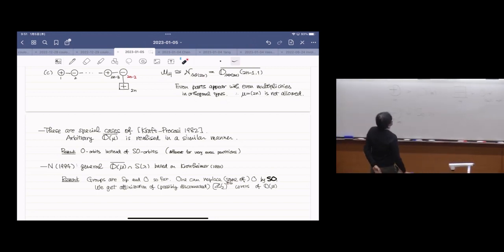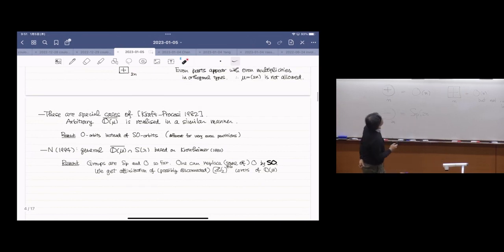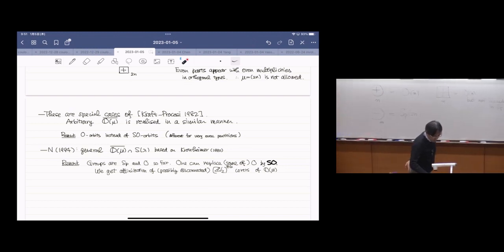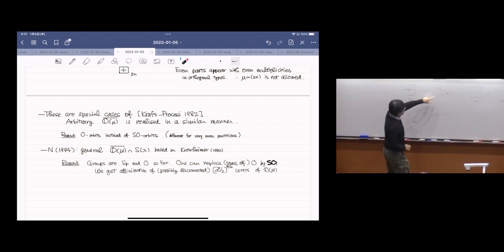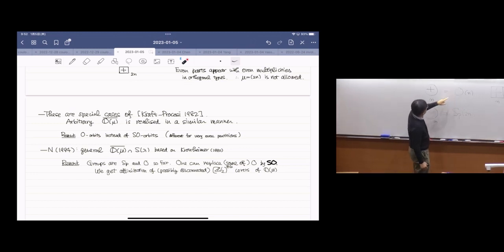And one remark which will be important, which Kraft and Procesi also noticed just after this work: here we take the orthogonal group instead of the special orthogonal group. In principle, you can also consider SO of n instead of the orthogonal group.